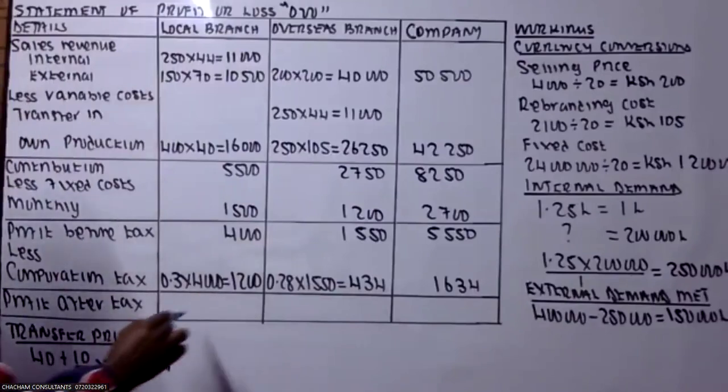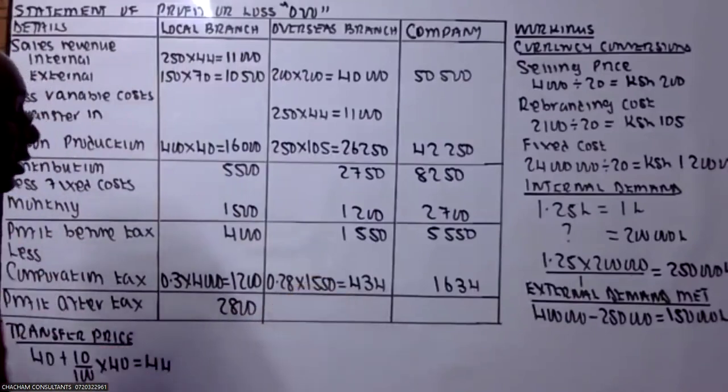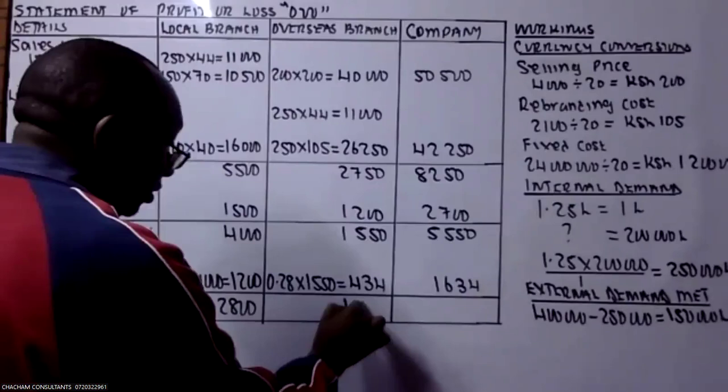So this is 2,800. This other one is 1,000. 116. Is it 16? Oh, sorry, 1116, not 16.